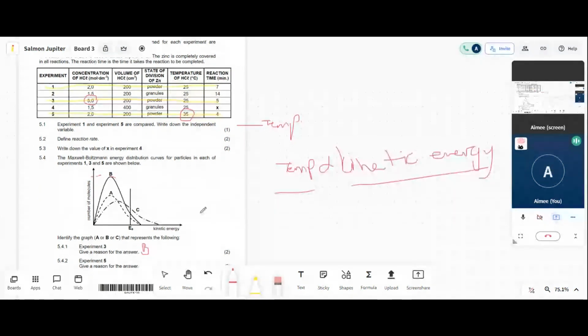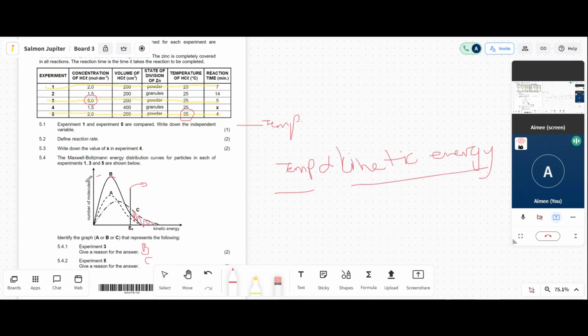So based on that alone, you know that experiment 5 has to be graph C, because it's the graph that has got the most area on the right-hand side of your activation energy. Increasing temperature increases the kinetic energy of the system.